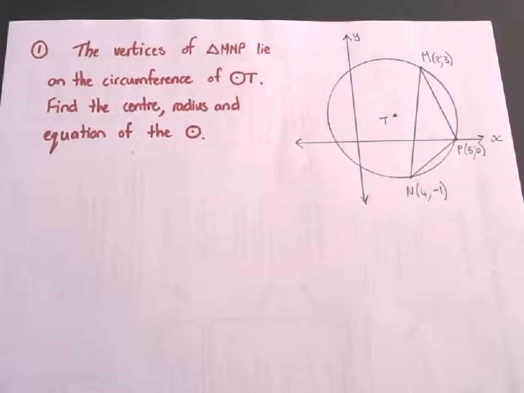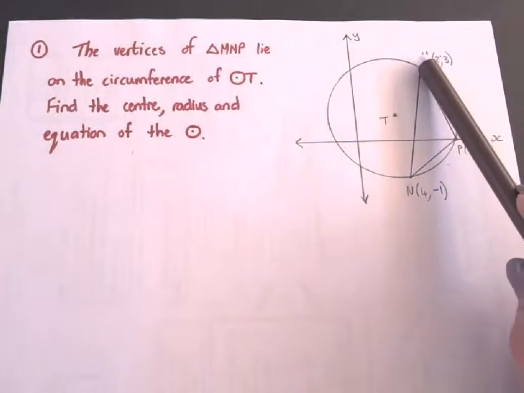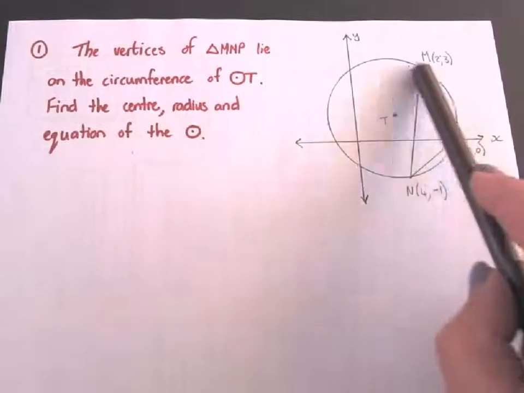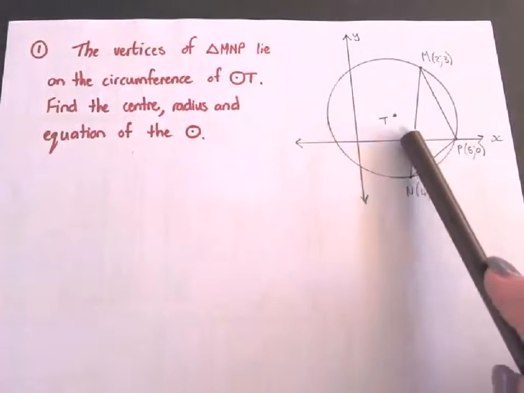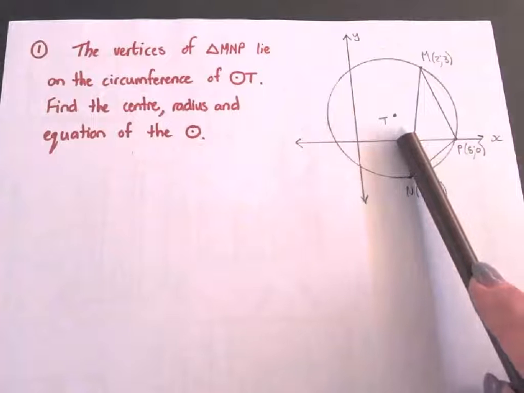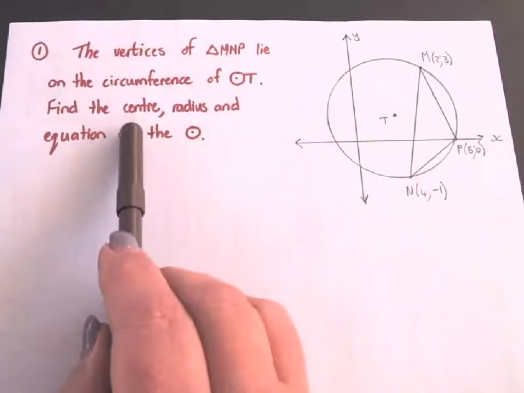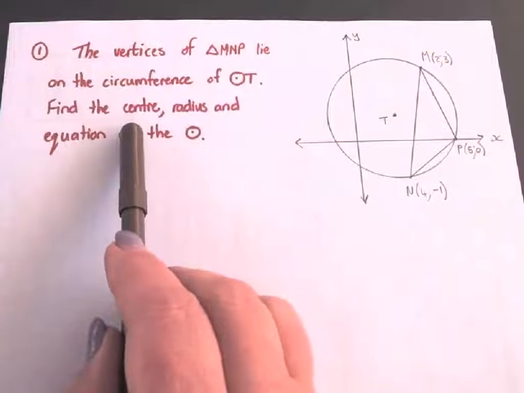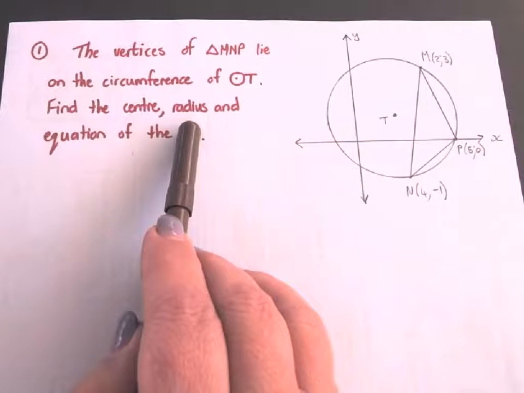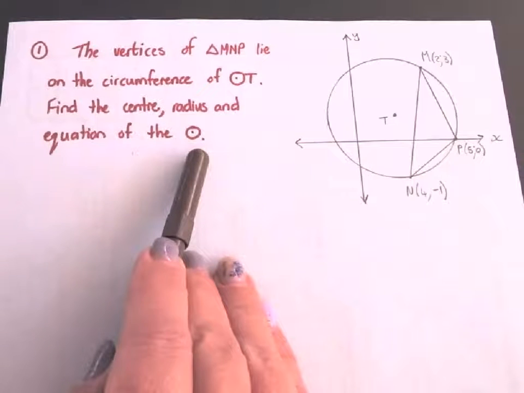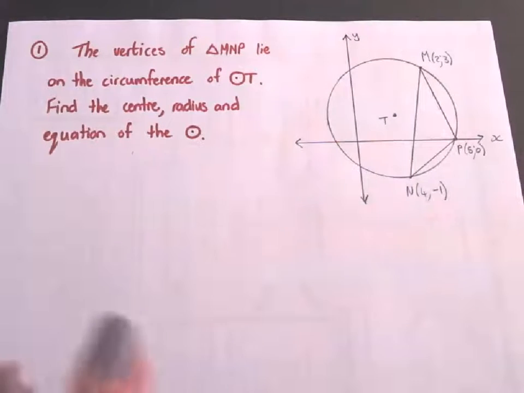Example 1 says, the vertices of triangle MNP lie on the circumference of circle T. Now you have to find 3 things. The center, so the coordinates of the center. How long is the radius? And the equation of the circle.